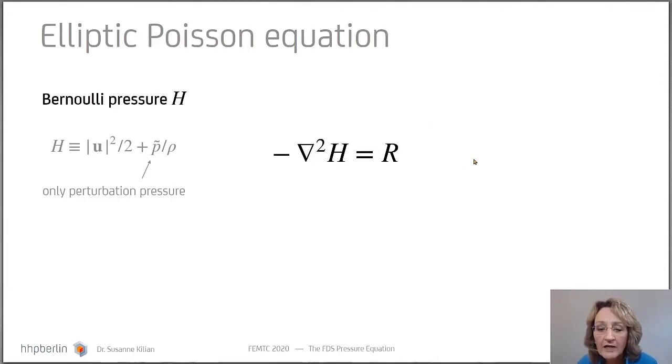Now I'm interested in this special term, in this del squared h, and I would like to explain in more detail what this term really means.